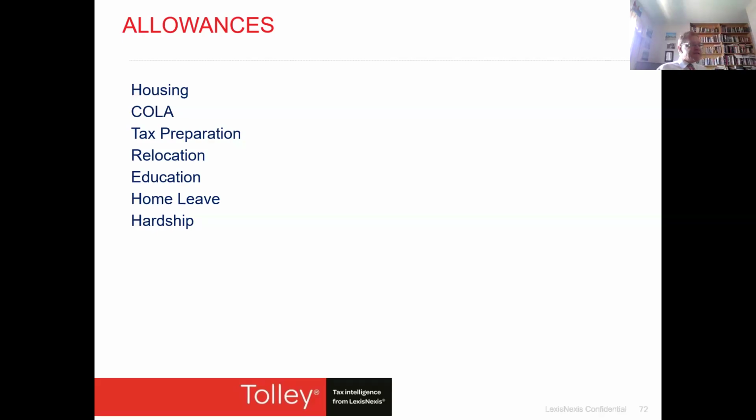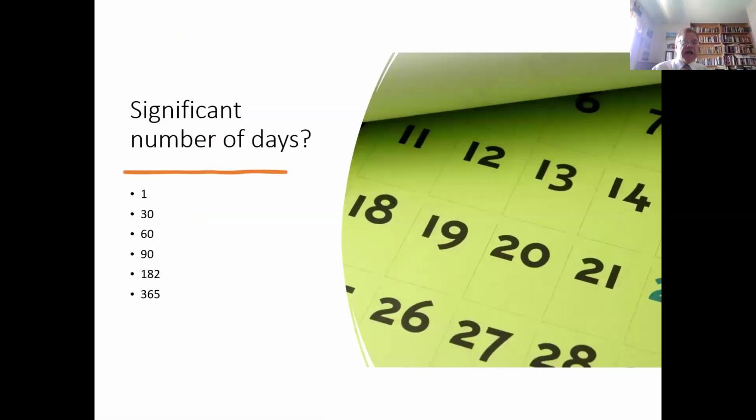In terms of the significant number of days that we look at, so are you looking at 1 day? 1 day creates a liability. Well, in theory, yes, but in practice, in most countries, that would not be the case. There is no set rule, but generally, under 30 days, you generally ignore and just keep them in the home system.